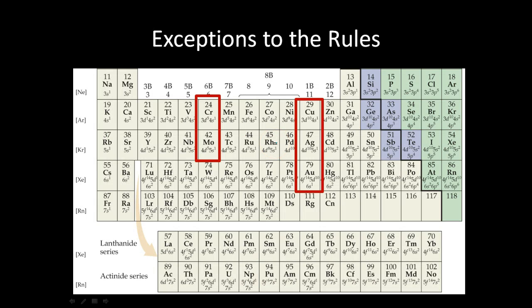Finally, there are a couple exceptions to this order of filling, and you find these in the transition metals themselves. These 5 transition metals have these weird electron configurations where they have the 3d subshell filled or half filled and the 4s half filled.